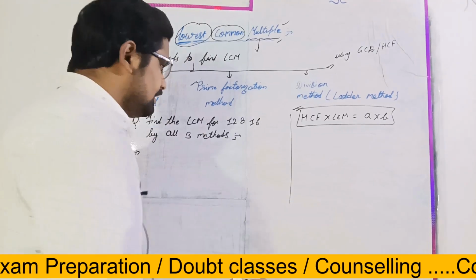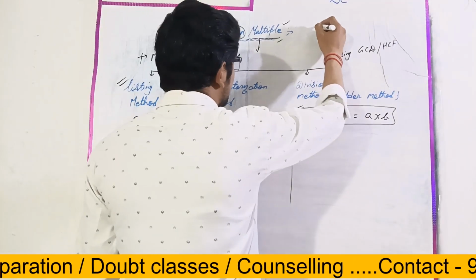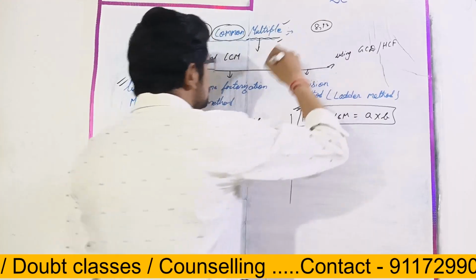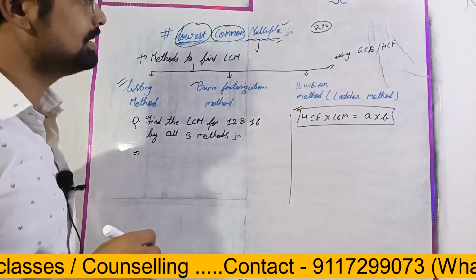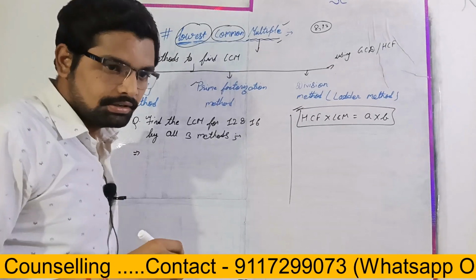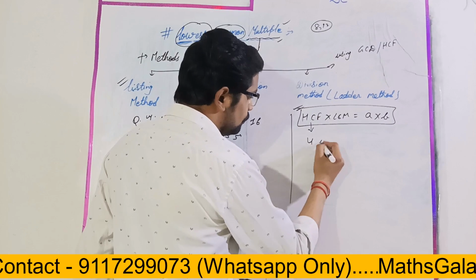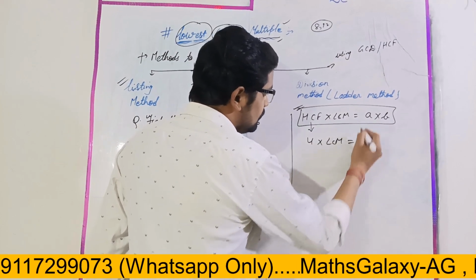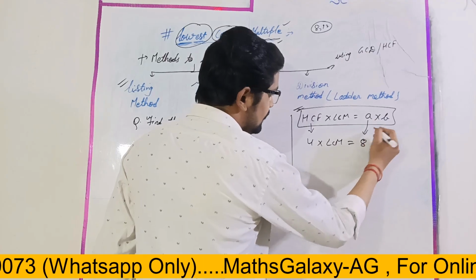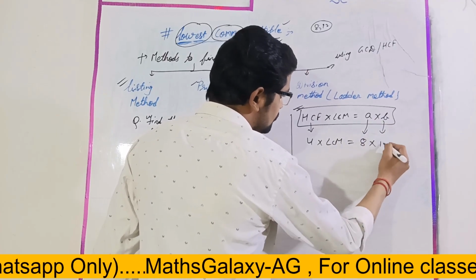Just like 8 and 12, we were doing for 8 and 12. The highest common factor for 8 and 12 is 4, right? So 4 into LCM equals the first number 8 multiplied by the second number 12.